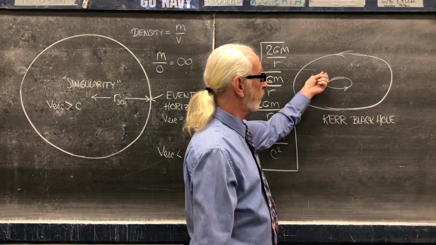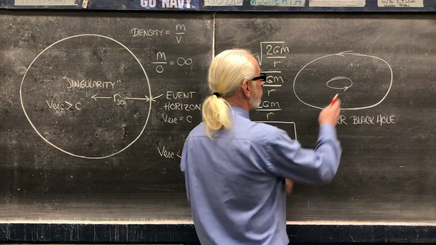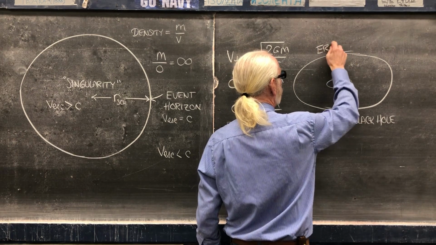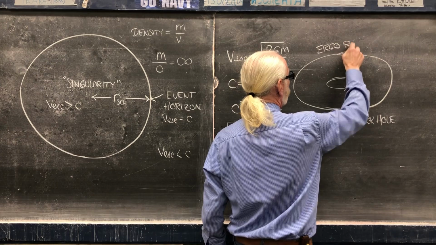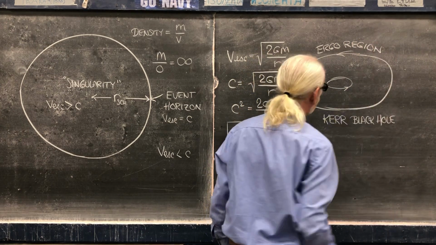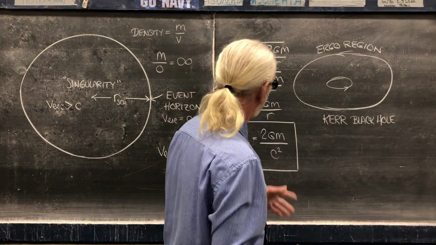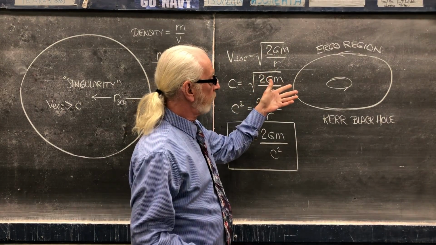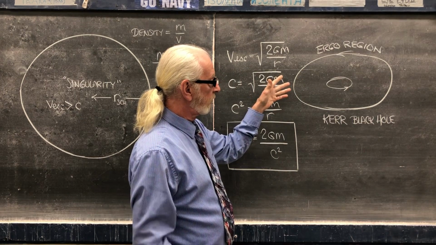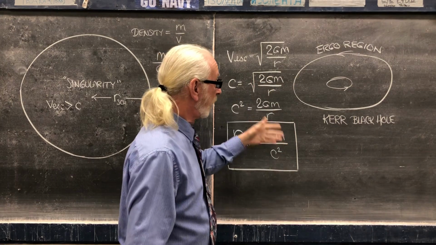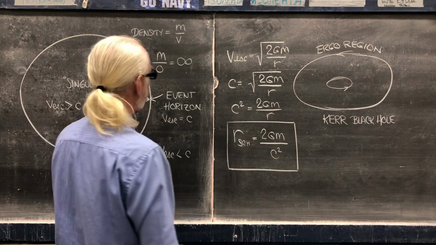This is what happens with a Kerr black hole. It drags space-time along, and that space-time drag is referred to as an ergo region. All right. Do jot this stuff down on blank paper because I will be talking and asking you about it down the road here. But that's the basic outline of a black hole.